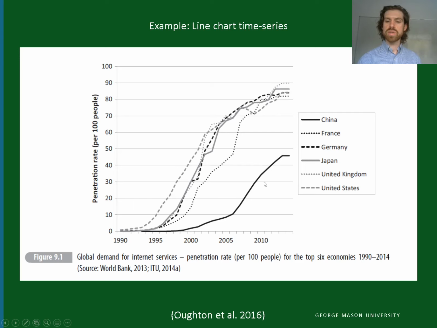China's a different story because it's taking a different development path. It's catching up very rapidly from about 2005 onwards. But the key point here is that you're able to demonstrate how a variable changes over time by plotting it in this way, and you're able to show how that takes place for a number of different categories, which here I've demonstrated as countries. I think that this is a nice way to demonstrate time series data.